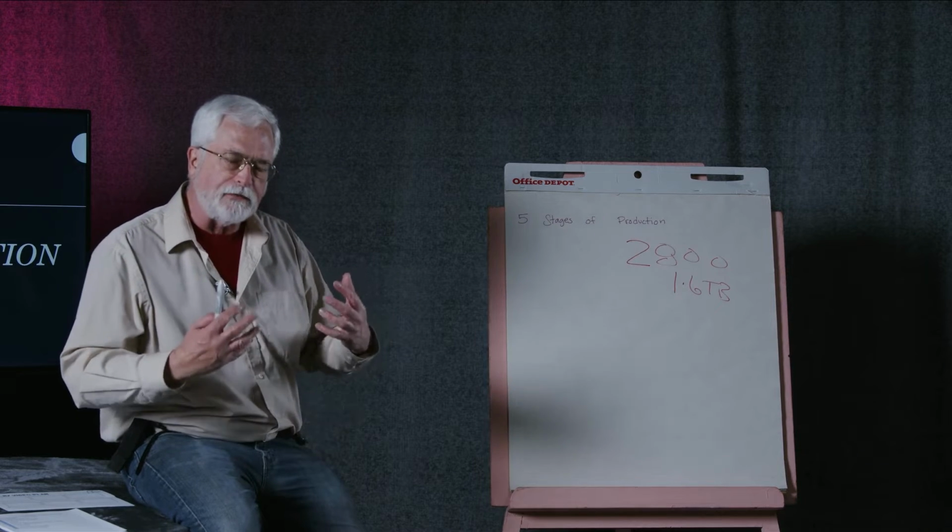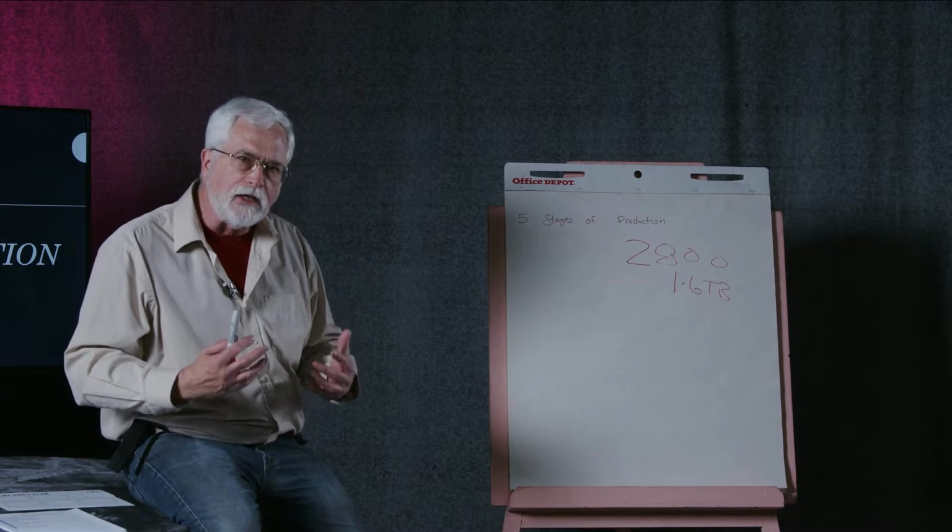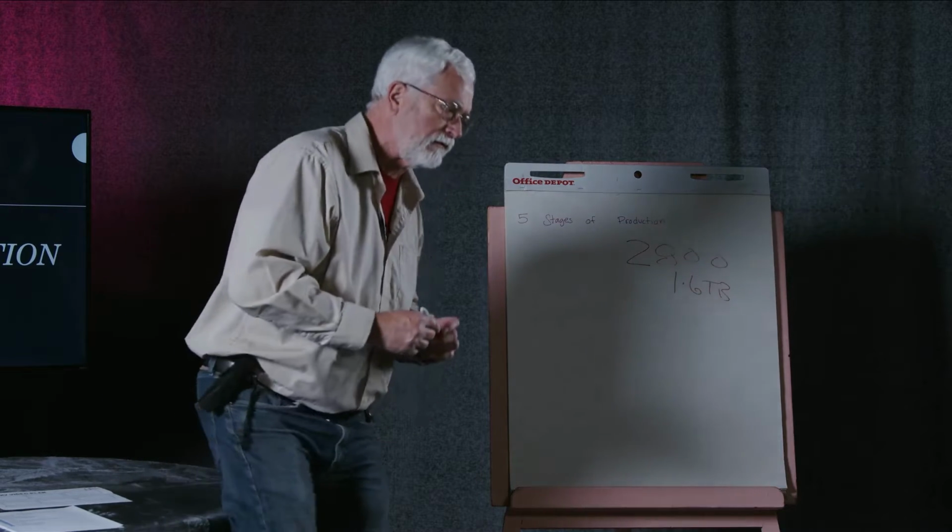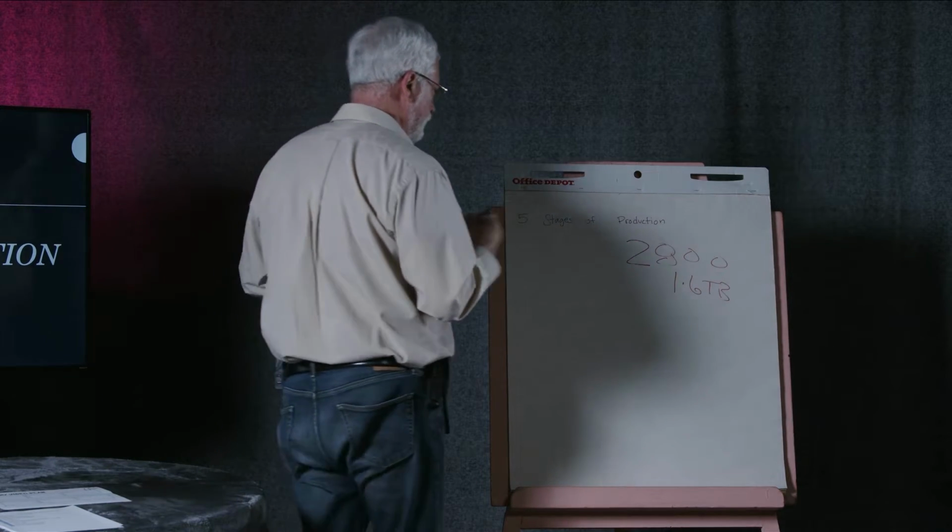So we sat back and we said, okay, what kind of files are we generating? What do we need to keep organized? Well, we know we needed to do video. It's a film, right? But we also needed to take care of the audio. We needed to take care of still pictures.